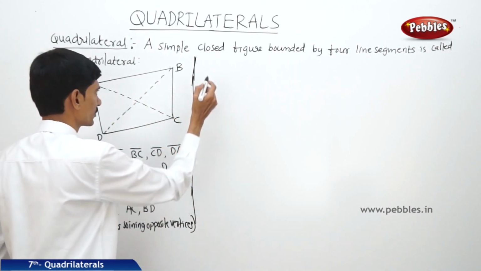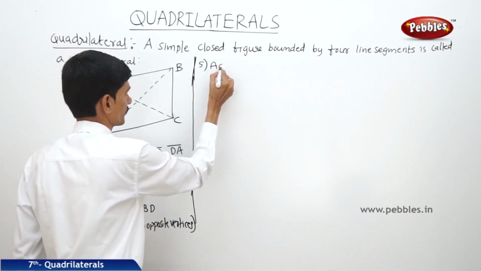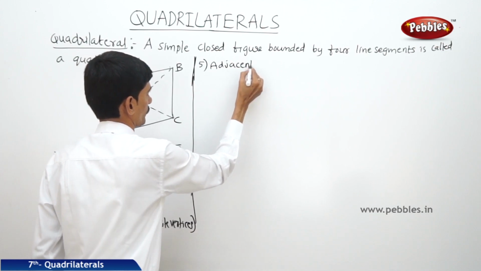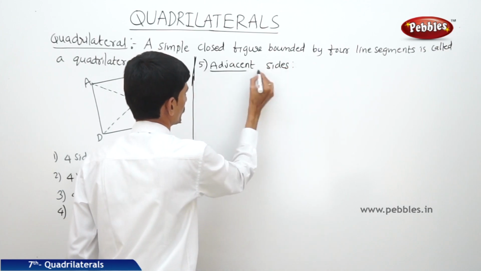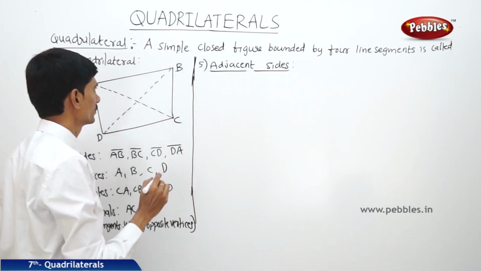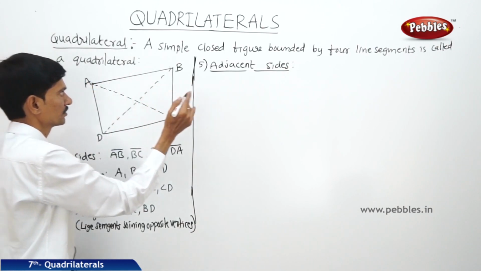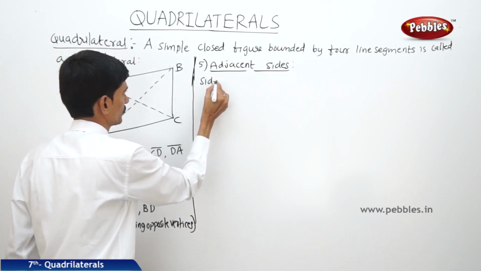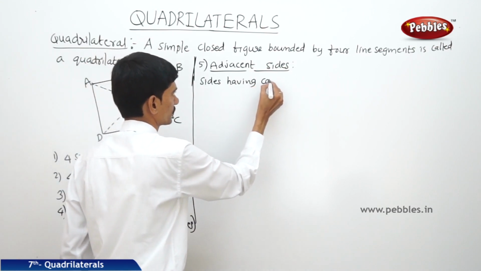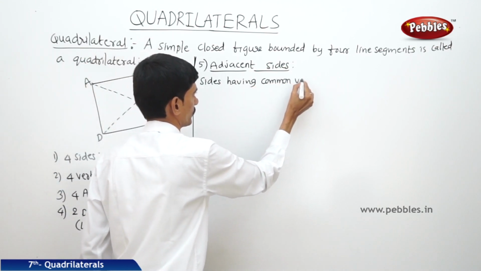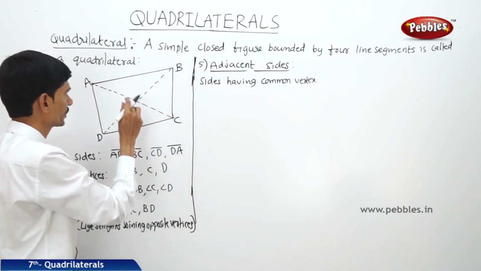Now let us write the next, adjacent sides. Adjacent sides means the sides which have the common vertex are called the adjacent sides. What are the sides having the common vertex?